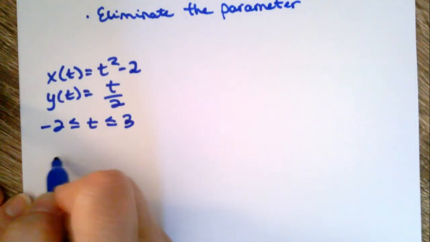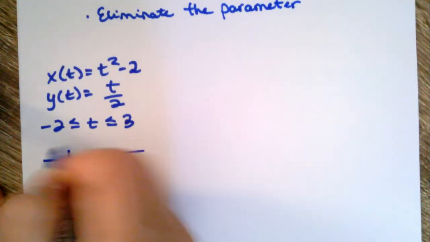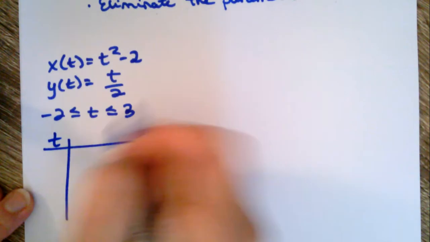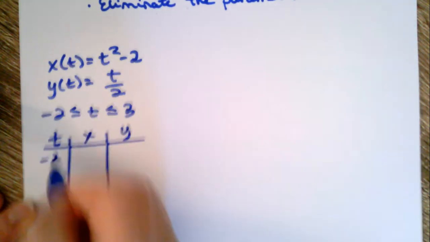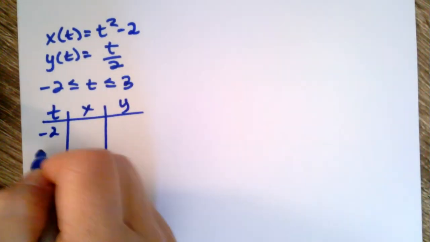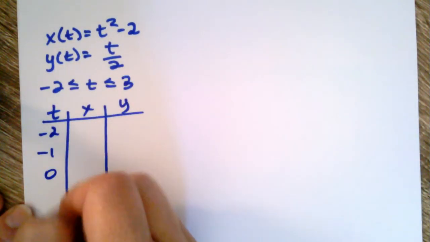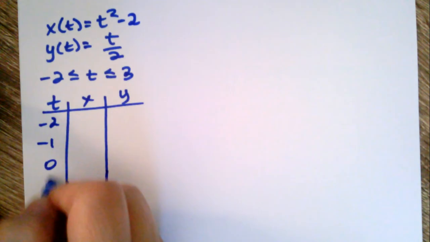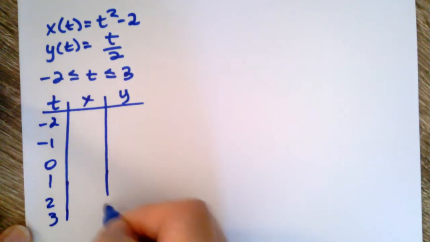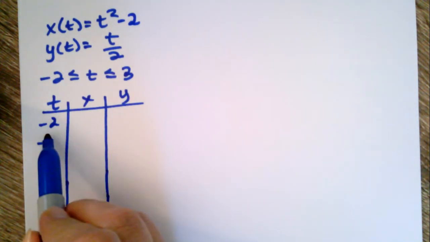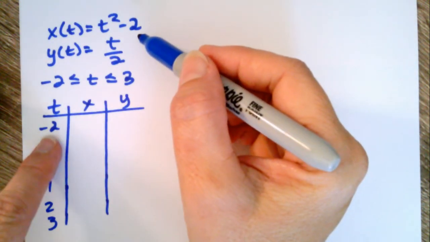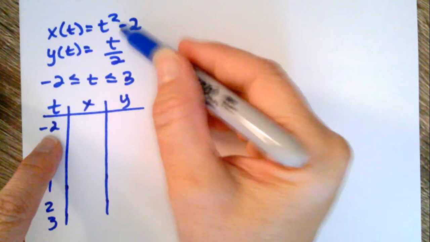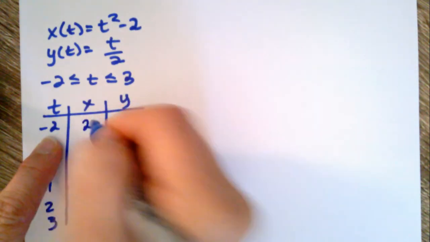So the first thing I'm going to do is make a table. Here's my t value, and then x, and then y. I'm going to start at -2, -1, 0. I guess I need a bigger table. 1, 2, 3. If I plug in, I'll just work with the x equation first, t squared minus 2. So if t is -2, then I get 2.